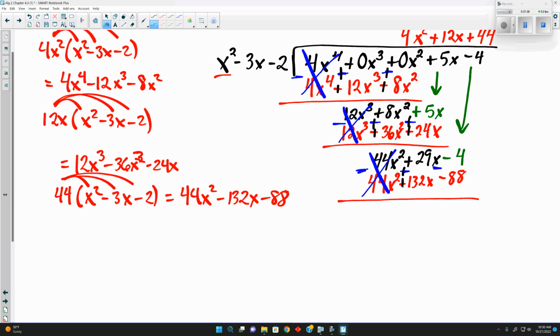Well, the negative and negative will make a positive. So it will be 161x. -4 minus -88. Well, the negative and negative would make a positive. So we have -4 plus 88, which is going to be plus 84.